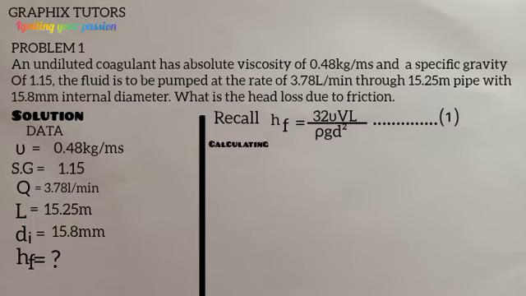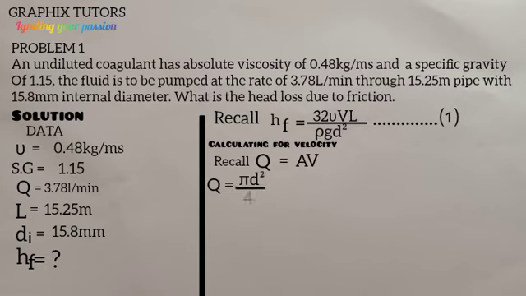Now, calculating for velocity. Recall that the discharge Q is the area times the velocity. From the parameters, we can rewrite this by saying Q equals pi d squared over 4 times the velocity. Q is in liters per minute, and we know discharge is measured in cubic meters per second.